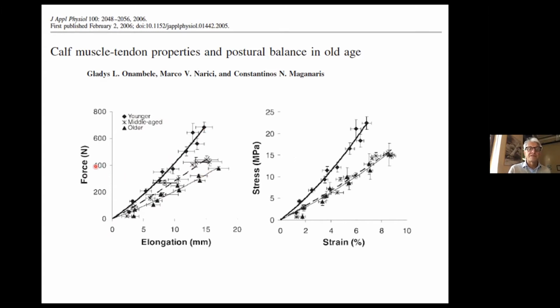You can see that for the same amount of force applied to the tendon, as we progress with aging, the tendon is stretched more and more. So the tendon becomes more extensible. And therefore, when we plot the stress-strain relationship, and we take a slope of these curves, the elderly tendon is less stiff than a young tendon.